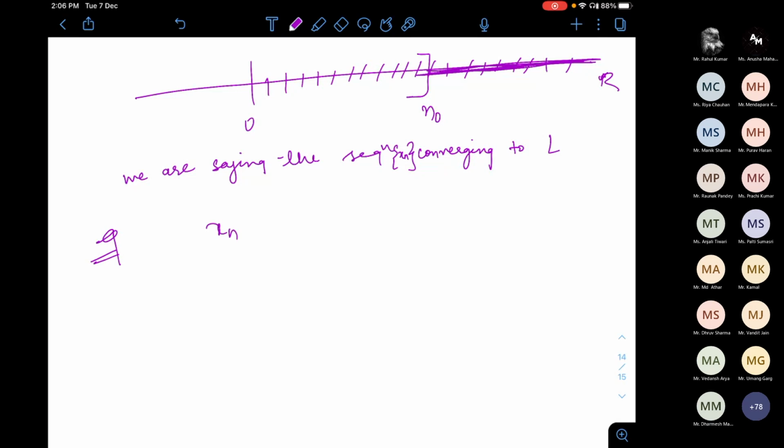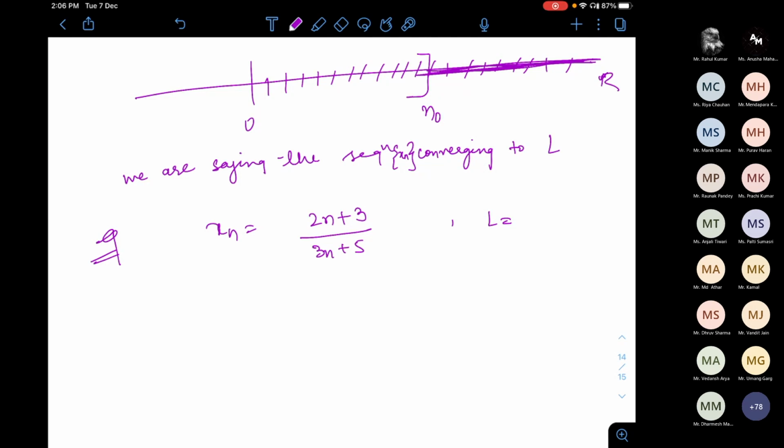Okay, let me give a quick example. Where does this sequence converge? 2/3. Yes, Aditya, it's similar to the epsilon delta definition of limit.